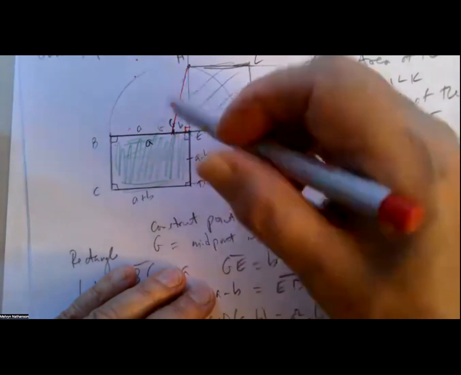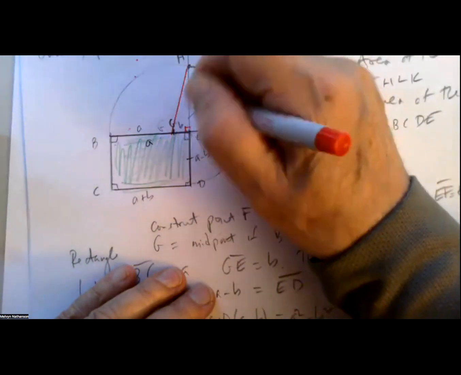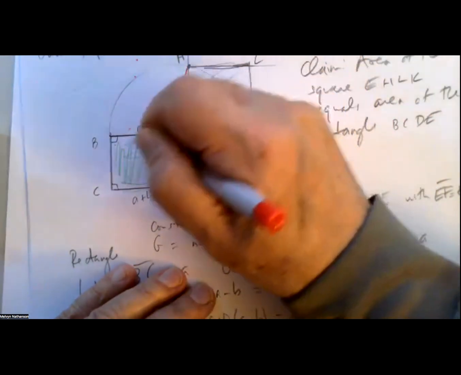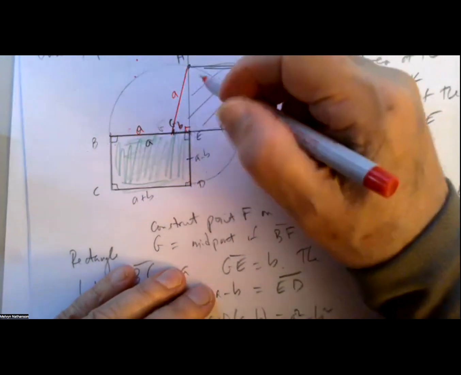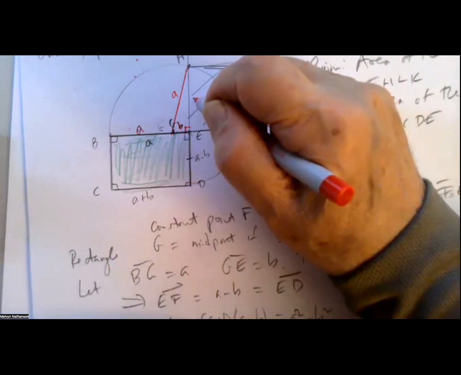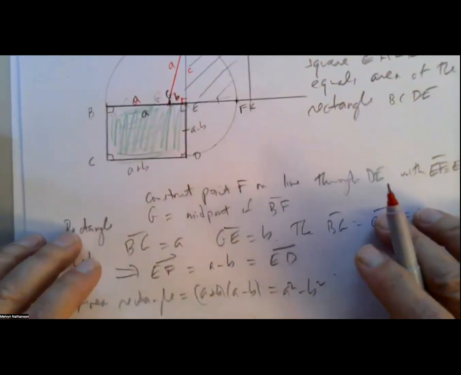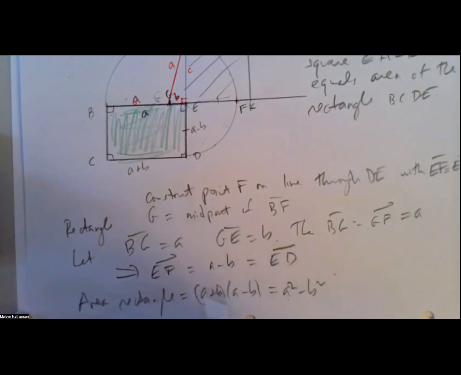H is on the circle with center at G and radius B. So the hypotenuse of this triangle is A. This is B. And let me call C the side of the square. The area of the square is the side squared, C squared.